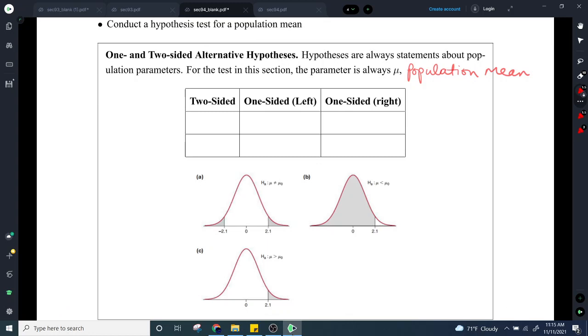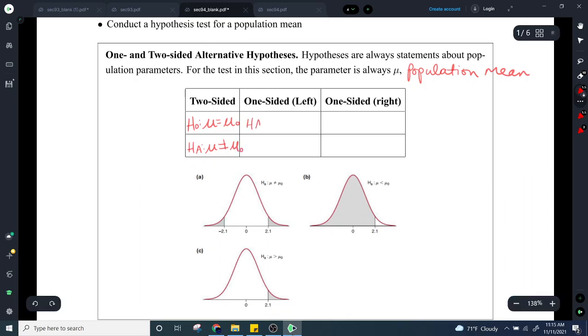So if it's a two-sided test, then our null hypothesis is going to be that mu equals some number. I'm going to call it mu naught this time. And then my alternative would be that mu does not equal whatever number we're comparing it to.